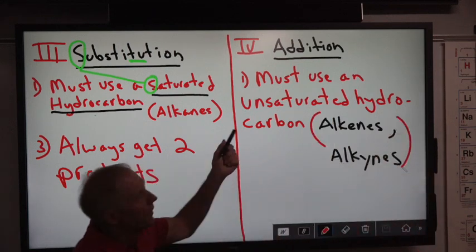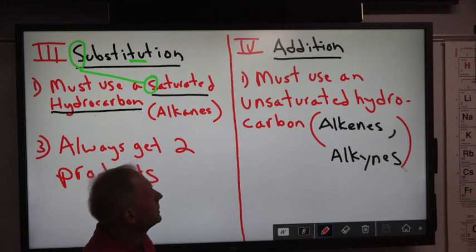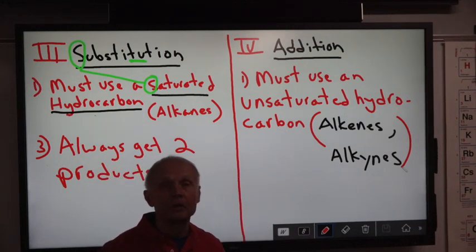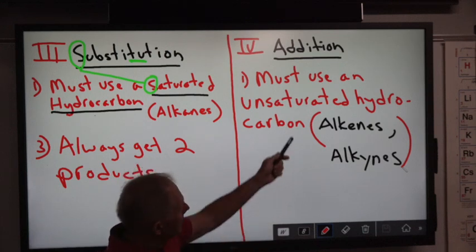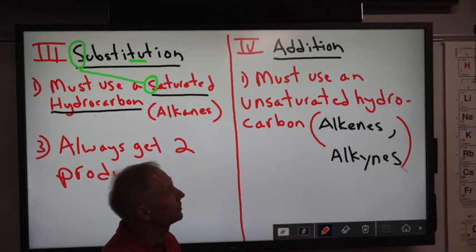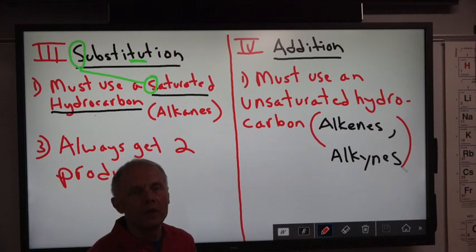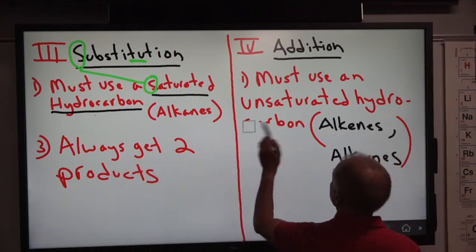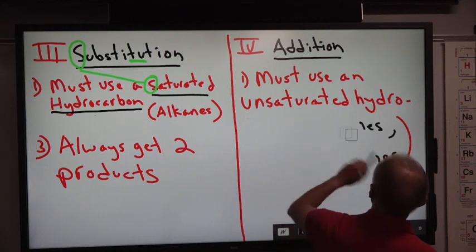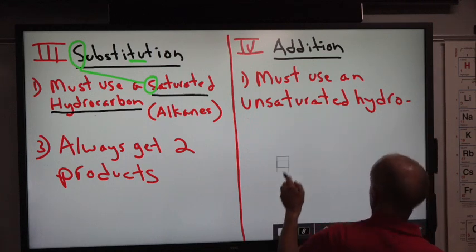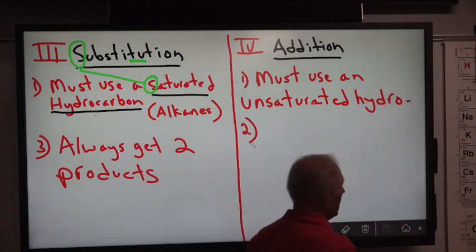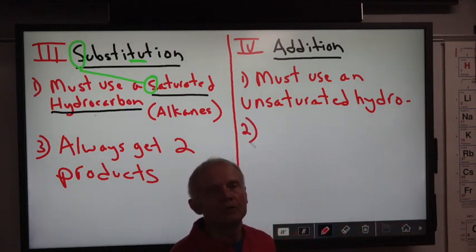So the very first thing for addition is you have to use unsaturated, means double or triple bonds. All right, you got to use the alkenes or the alkynes. That's the first thing. Now, we're going to go to number 2. And we're going to make one.